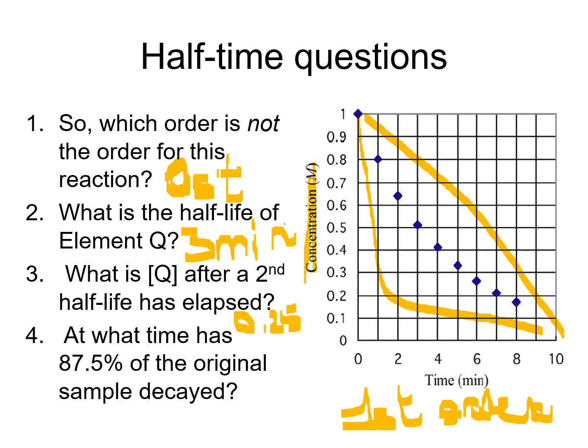After a second half-life, you have 25%. That means you have consumed 0.75. After another half-life, you have 0.125 left. That means you have consumed 87.5%. So it's going to give us a total of 3.